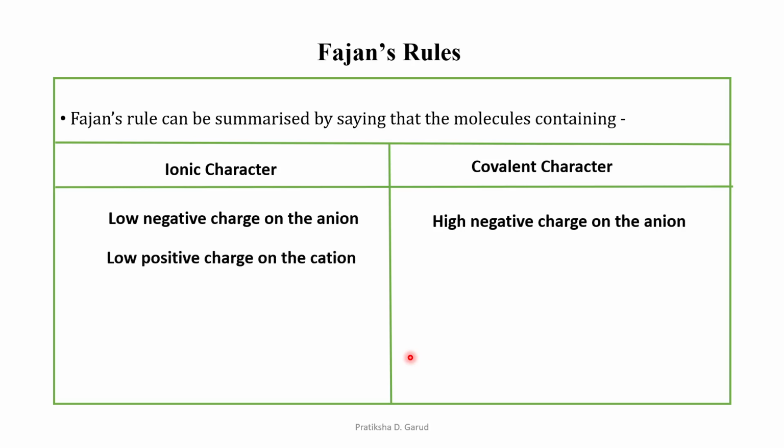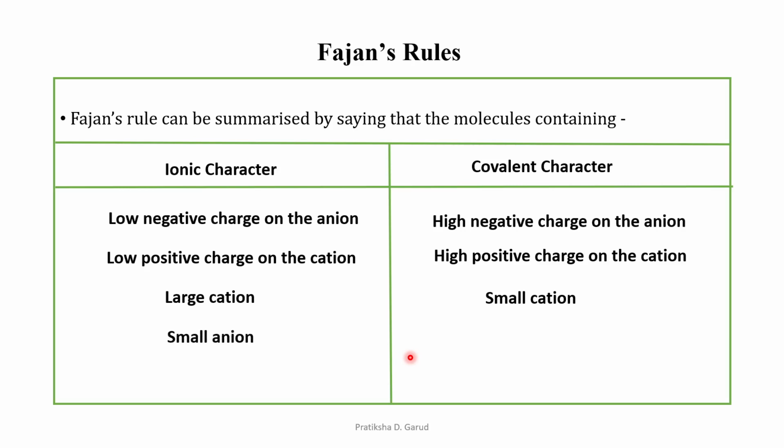A low positive charge on the cation gives ionic character. A high positive charge on the cation again gives covalent character. Large cation, ionic character. Small cation, covalent character. Small anion, ionic character. Large anion, covalent character.